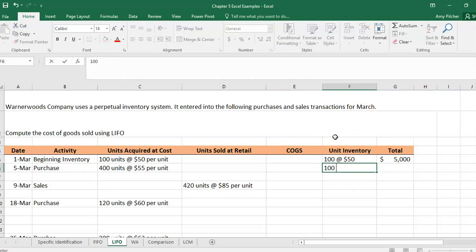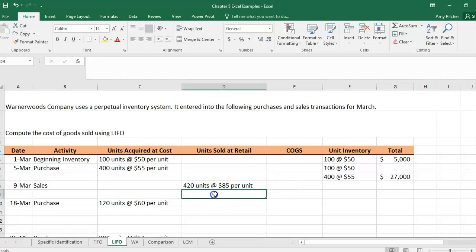So that purchase is the same as it was under specific identification and FIFO. We've added 400 units at $55, so we have 100 times 50 plus 400 times 55, 27,000.